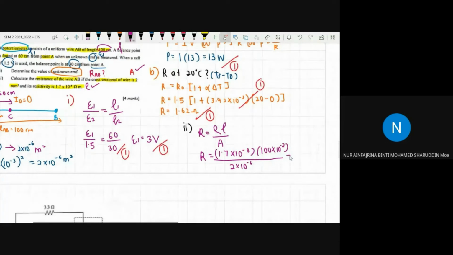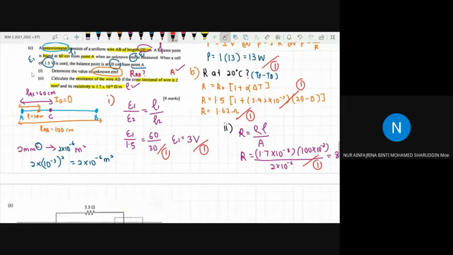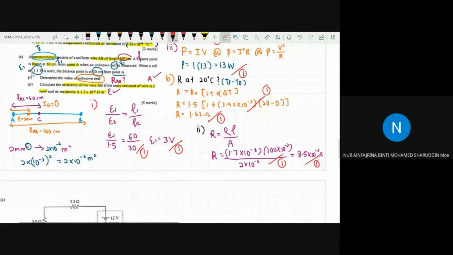So tekan calculator, you will get your resistance 8.5 times 10 to power of negative 3 ohm. So 1 mark for the substitution and the unit conversion and 1 mark for the final answer with the correct unit. So total mark for question C is 4 marks.